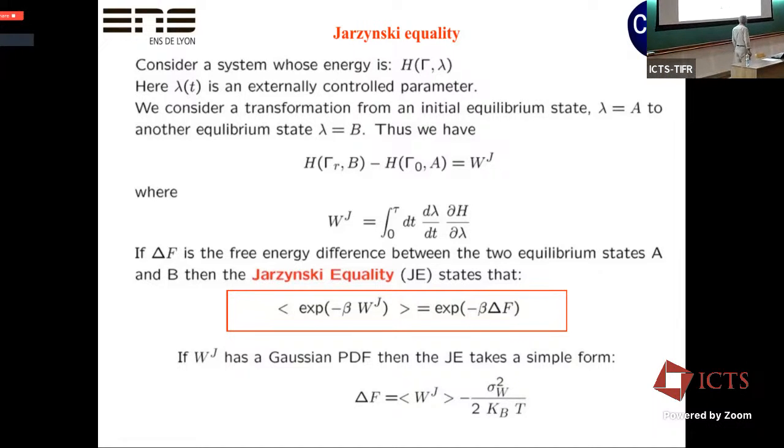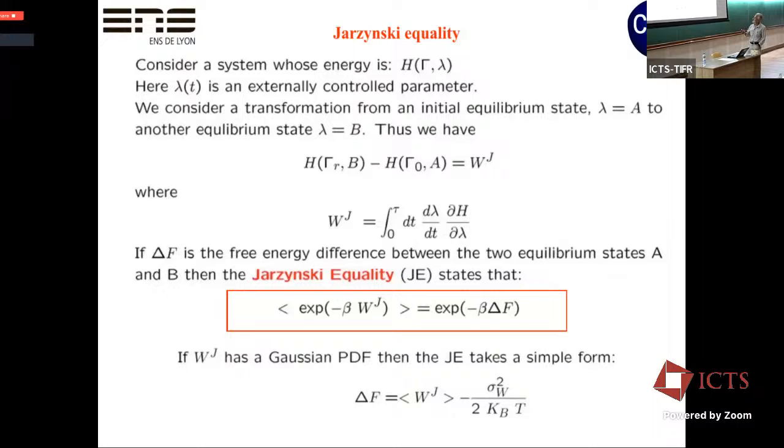Let me recall very briefly what we discussed yesterday. We finished with the Jarzynski equality, after having shown several applications of the fluctuation theorem on different systems, and having done a small exercise on the blackboard.